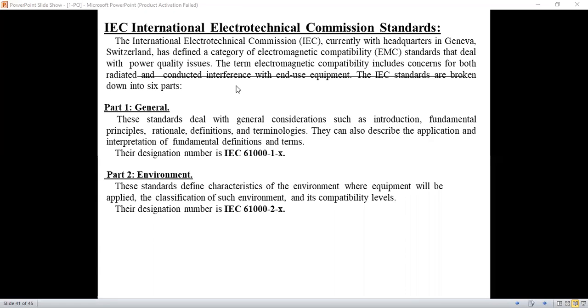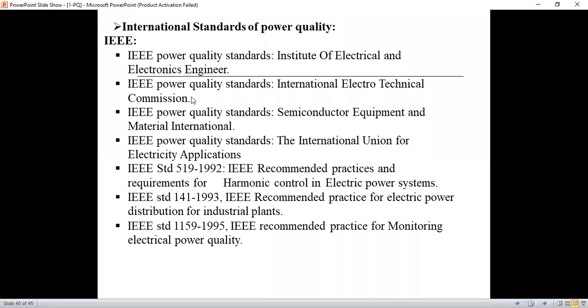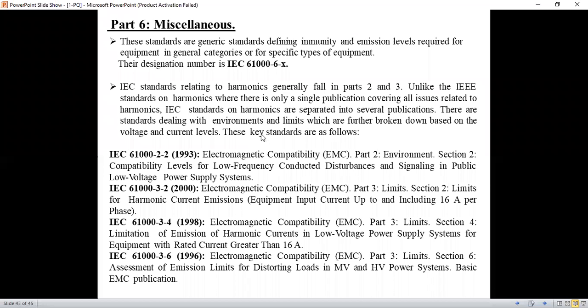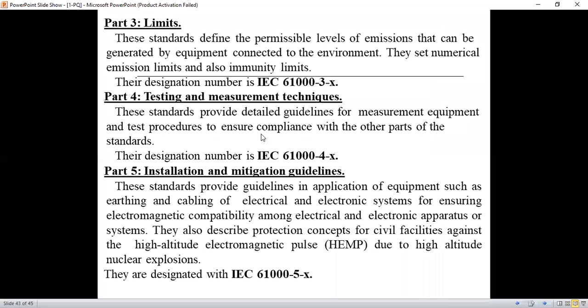Okay, next we will go for the second one, the power quality standards. The International Electrotechnical Commission has formed the IEC standards. It has formed 6 parts, and each of the 6 parts we are going to discuss in this class.